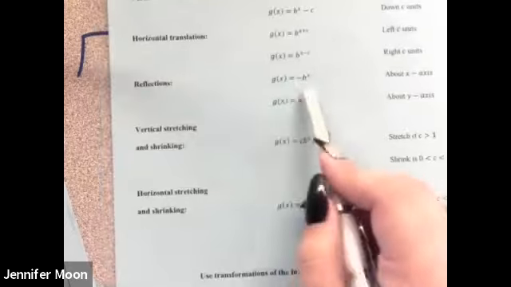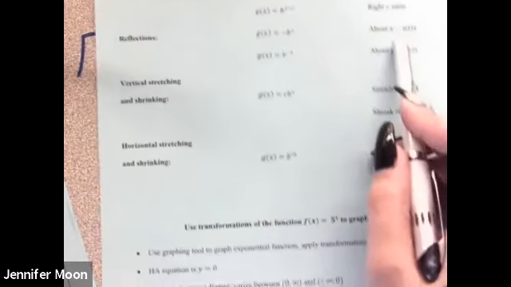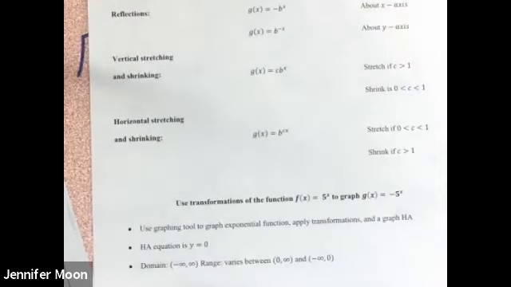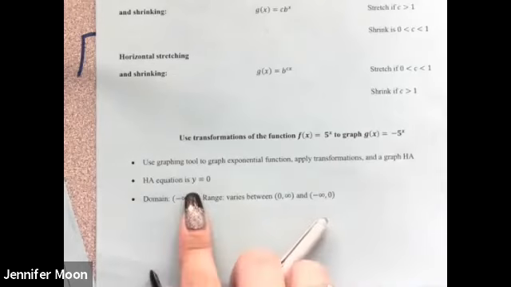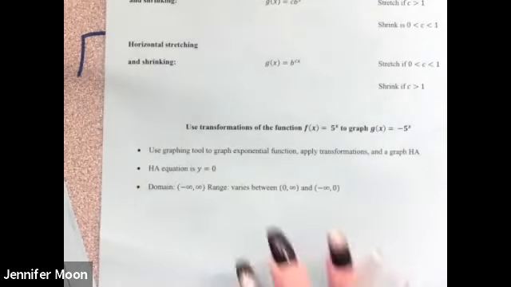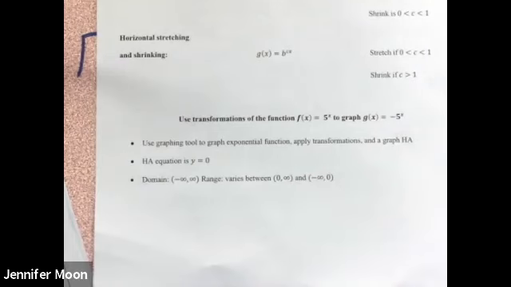So this one, because it's a negative here, and I'm reflecting about the x-axis, what I would do is select the box that says x-axis. And then you choose the dotted line, and that's your asymptote. You literally just put it right on the x-axis because that's y equals 0. It asks you what the horizontal asymptote equation is, which whenever we found that, we got a y equals. So our answer there is y equals 0.